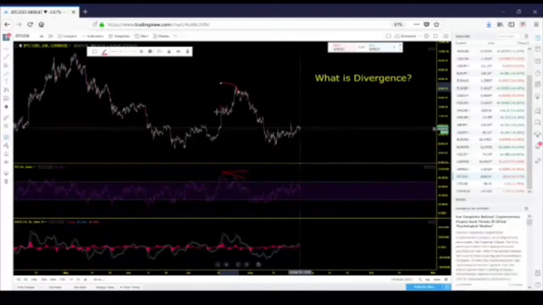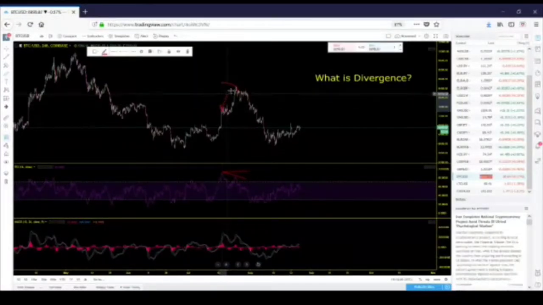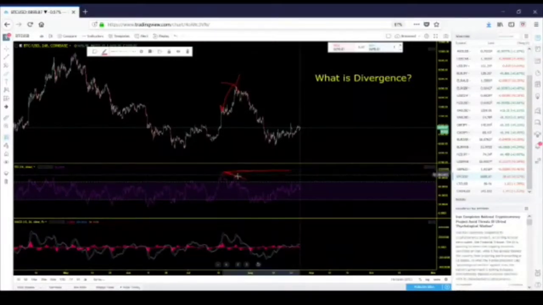If you look at the slope of this move, it is moving up, while on the RSI it is slanted down. That would be identifying the divergence in this particular continuation move down.